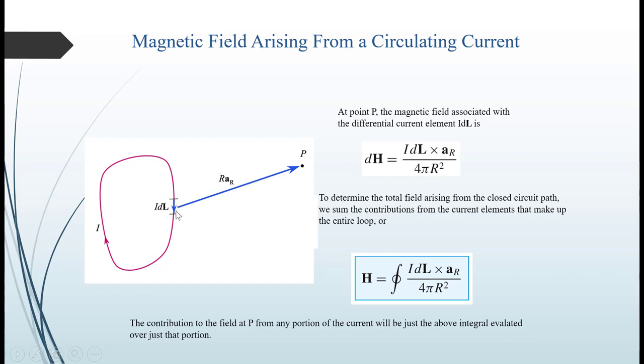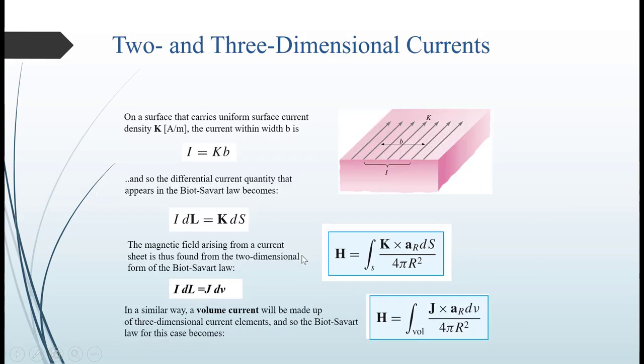So this I dl is a smaller element, and we have found dH at point P. If I want H because of the complete closed wire, then it should be a closed integration of I dl cross ar cap upon 4 pi r square. So this is the total H in ampere per meter arising due to the closed circuit path.